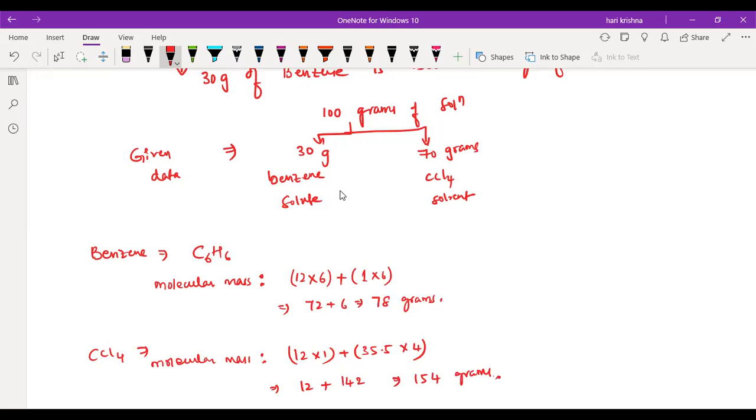Any doubts up to this? How to calculate the molecular masses? First, unmute yourself and tell the answers. Any doubts up to this?